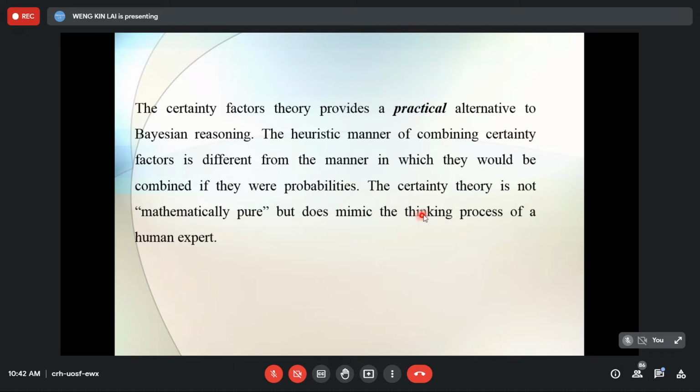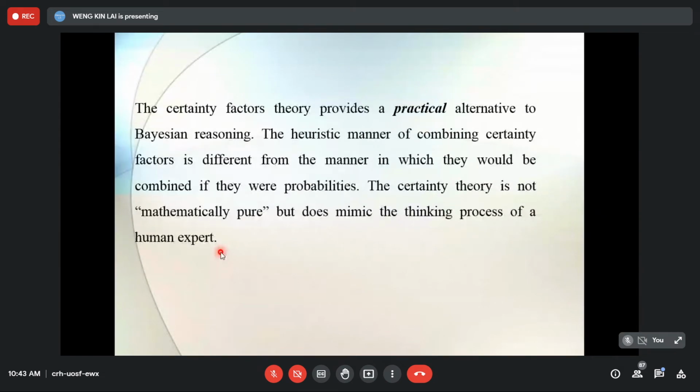The criticism is that the certainty factor theory is not mathematically pure, but it does imitate the thinking process of a human expert. That's why we talk about common sense. This is the way human experts think. So it helps you create an alternative way of reasoning based on your data, other than Bayesian. Bayesian has some limitations, but that's why we have this certainty factor theory.